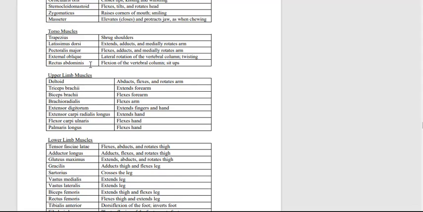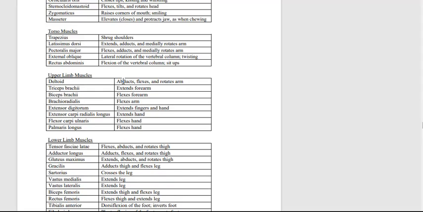So rather than go through all of these, just look and see which ones extend your hand, which ones flex your hand, which one abducts. The deltoid can abduct, which means take your arm out. Like if you're pointing west, you abducted your arm.